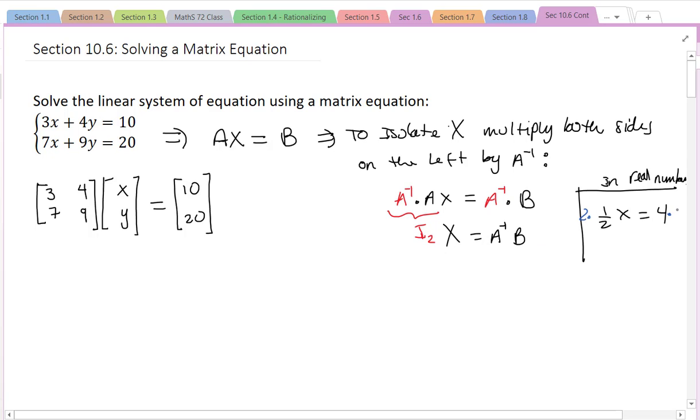It doesn't matter on which side; sometimes we multiply on the right because it might be hard to squeeze it in on the left. That's because in the real numbers, multiplication is commutative. So x equals 4 times 2 is 8, and also 2 times 4 is 8. But for matrices, multiplication is not commutative, and so we can't assume that it will be.